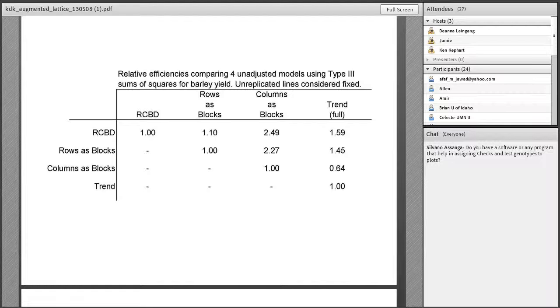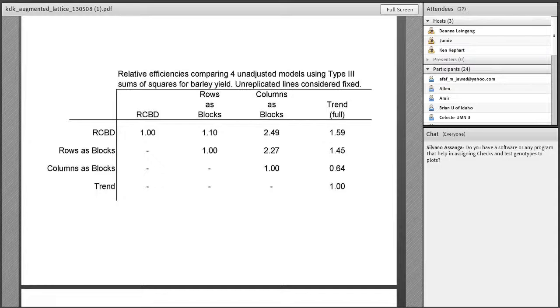This is kind of cool in that one of the frustrations in dealing with augmented designs and trying to assess whether or not they're functioning as promised is trying to make some sort of comparison to other designs, and that's very, very difficult to do because you can't grow or utilize a different design in that same exact spot in the same year that you've conducted the study with whatever your first design is that you're looking at.